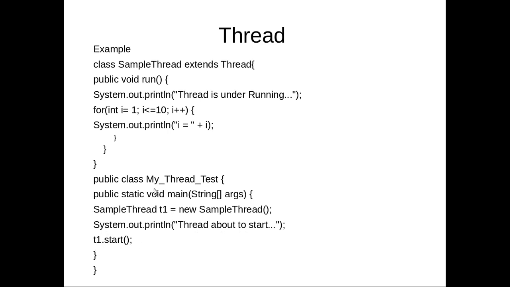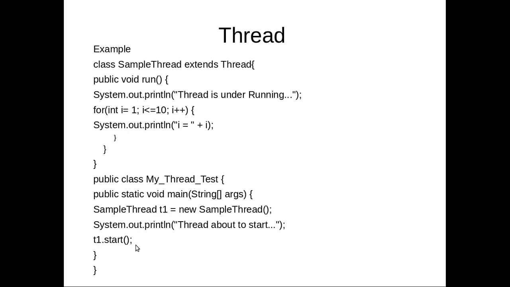That means you have created an object of type SampleThread, which is a subclass of Thread, and in SampleThread you have a run method, and that run method has to be called. So here you have created a SampleThread object, and in that you are going to have t1.start.